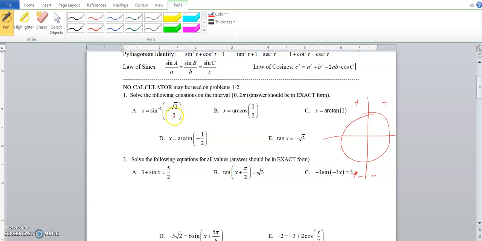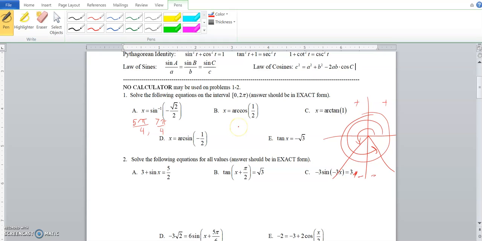And if you know the unit circle well enough, square root 2 over 2 is some form of a 45-degree angle. So we're at 45 degrees from each axis here and here. We need to know what is that angle, what is that angle. Those angles happen to be 5 pi over 4 and 7 pi over 4.